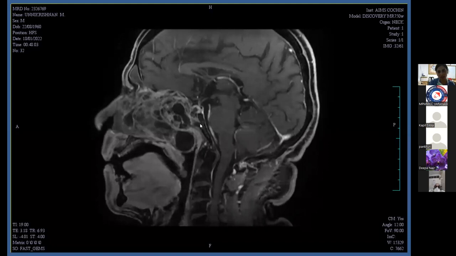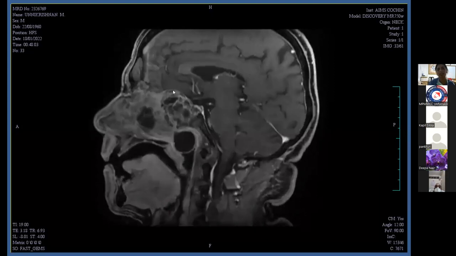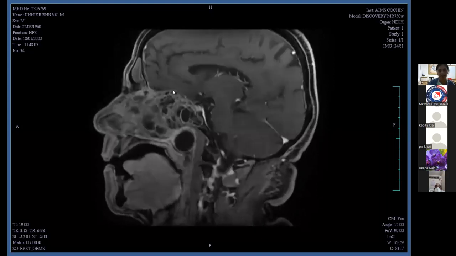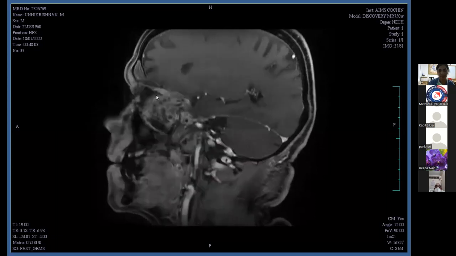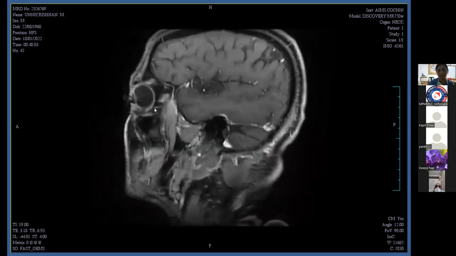The clivus looks normal. There is a large cystic loculation in the nasopharynx. It is expansile kind of mass which is bulging into the anterior skull base. What's your radiological diagnosis?